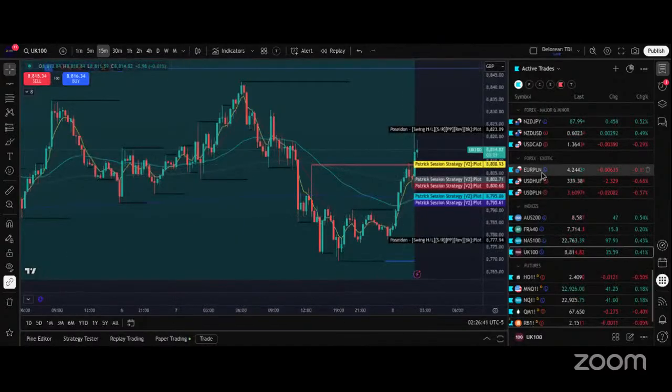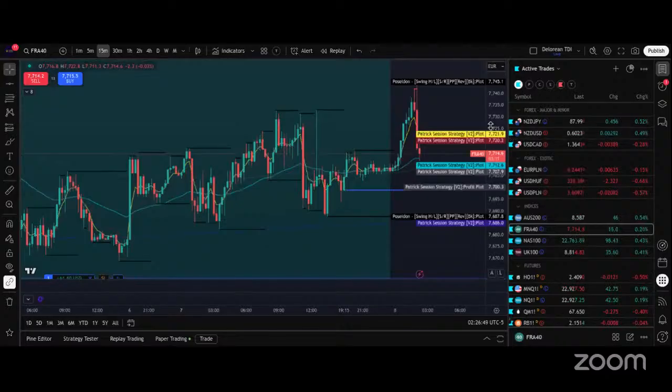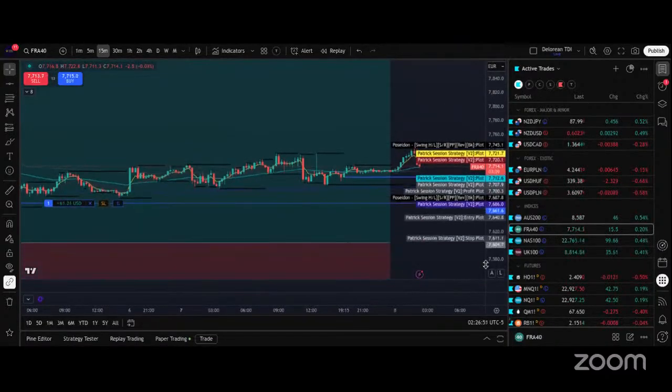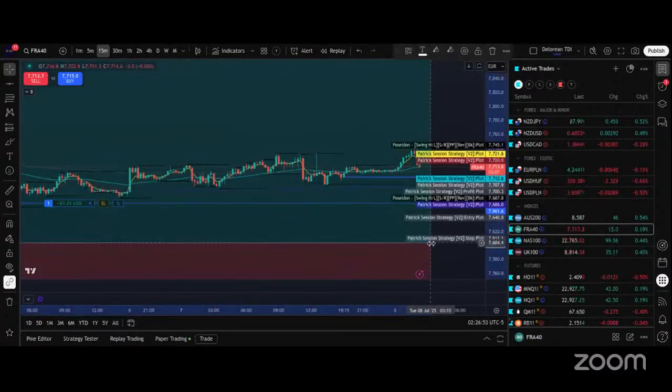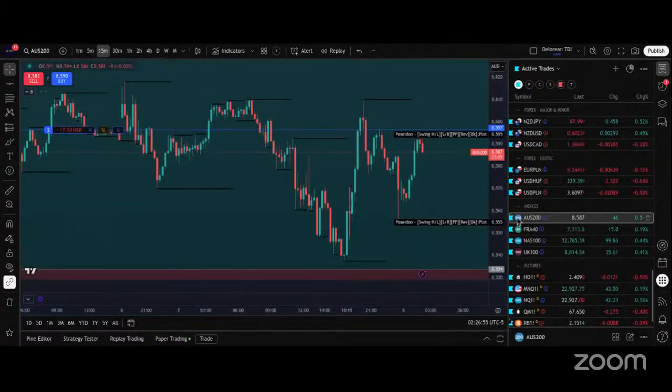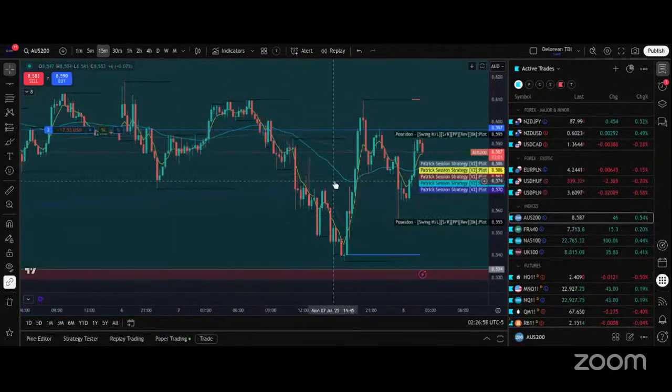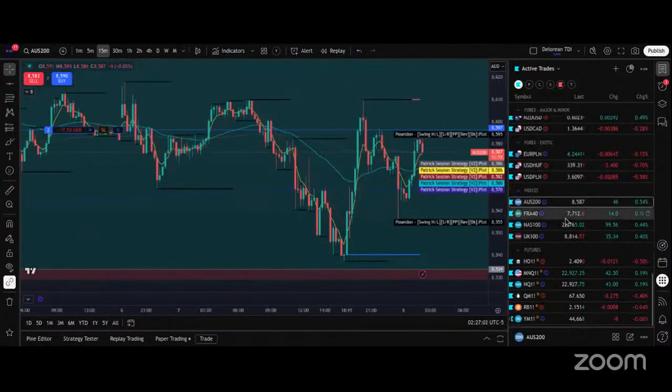It's been moving kind of sideways since July the 4th. Our trade on France 40 is also in profit. It's just moving very slowly. And our trade on Australian 200 is back in profit, and it's moving pretty slowly as well.